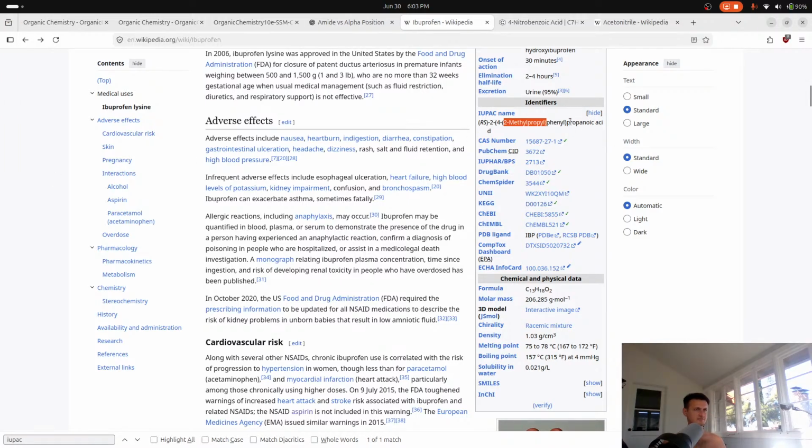That makes sense. Phenyl. Oh wait, 4 2-methylpropyl phenyl propanoic acid. Okay.